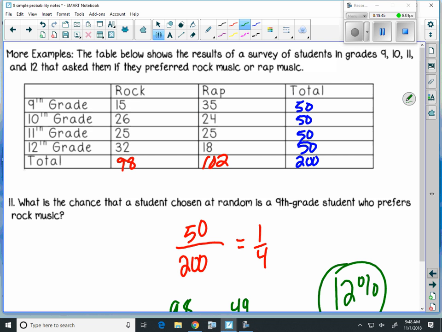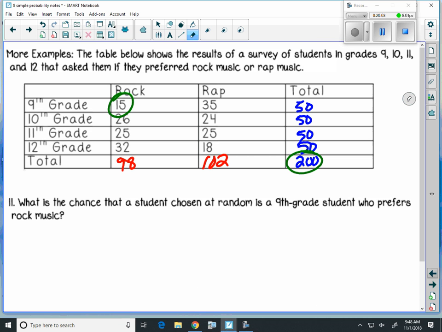On the answer key, which this was from, not me, for the ninth grader who prefers rock music, here's what they're saying. It's 15 out of a total of 200. Okay, so let's look at it that way. Maybe that's a little bit easier than what we were doing. I like making things simpler.